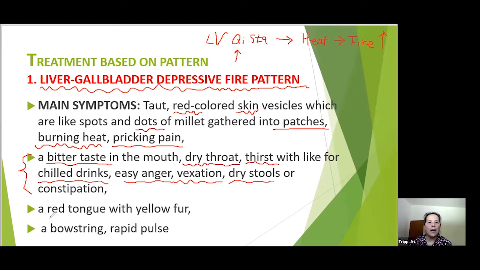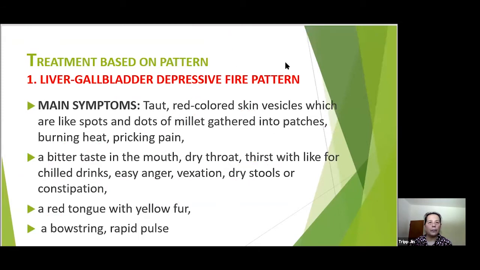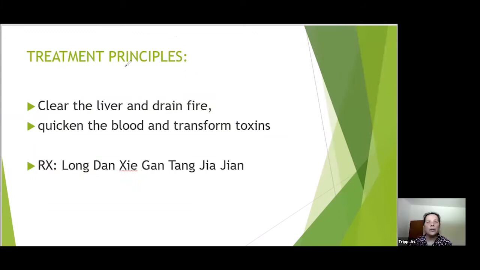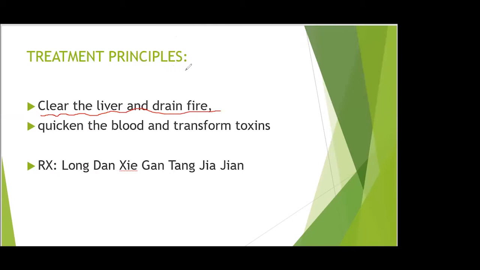If we look at the patient's tongue, it will be a red tongue body with yellow coating. And if we feel the patient's pulse, it will be wiry and rapid. A rapid pulse means heat. So the treatment principle, certainly, is to clear heat and drain fire, cool blood, move blood, and remove toxins.